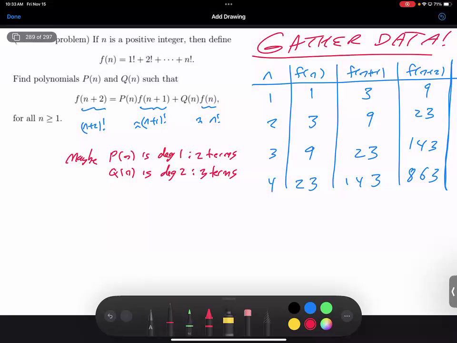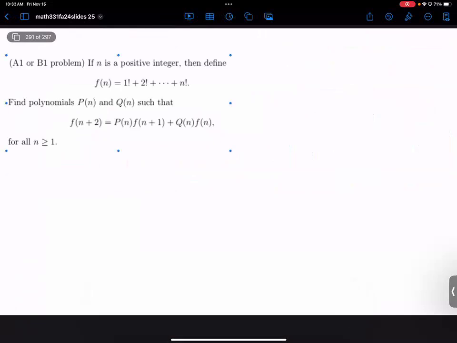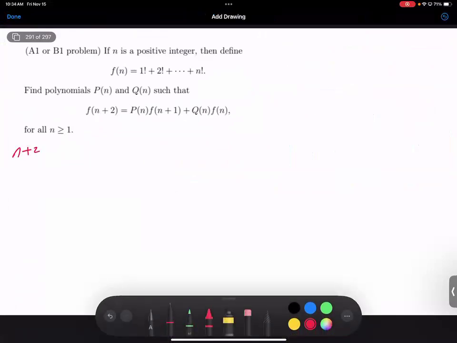So the other way to try to look at this is to just plug some things in. So we would have n plus 2 factorial plus all the way down to plus 1 factorial is Pn times n plus 1 factorial plus all the way down to 1 factorial, plus Qn times n factorial all the way down to 1 factorial.